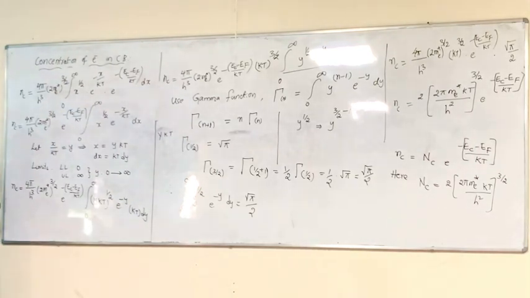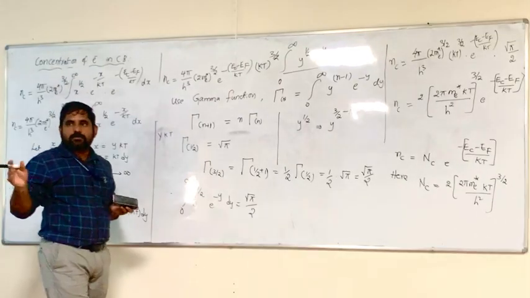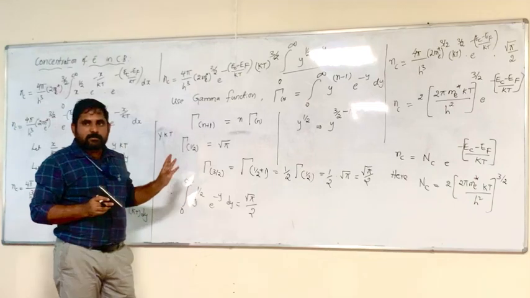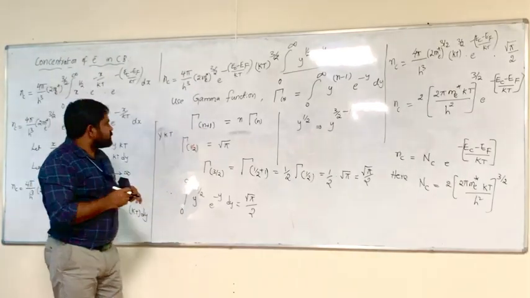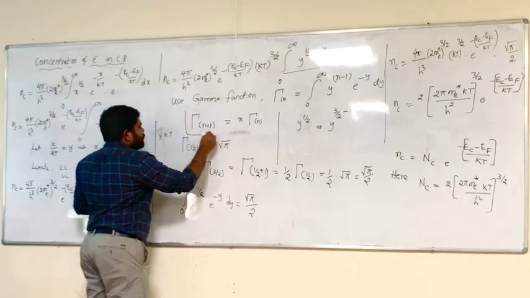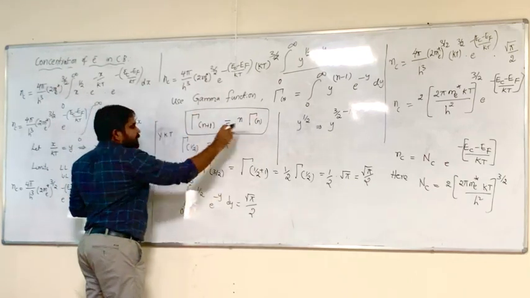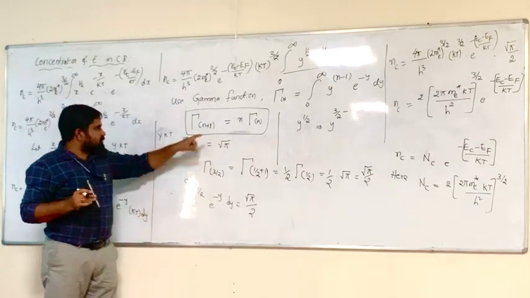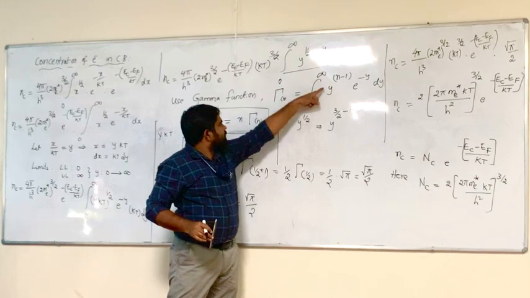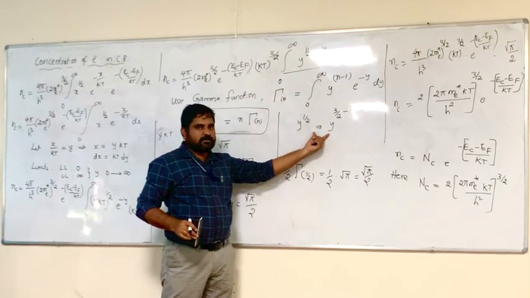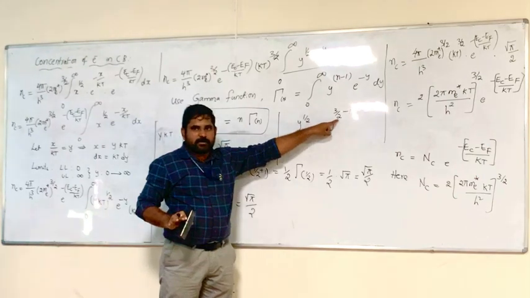Sir, how did the n plus 1 become 3 by 2? In the gamma function, there is a known relation: gamma of n plus 1 equals n into gamma n. Now what you have here is gamma 3 by 2, so in place of n you have 3 by 2.